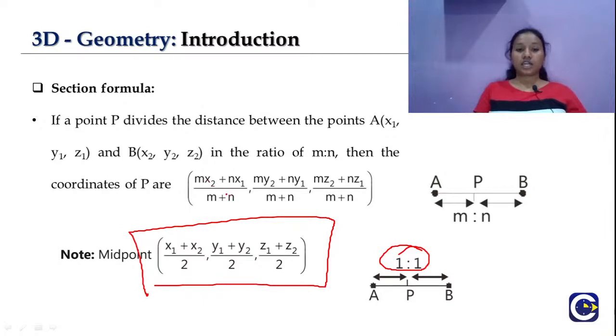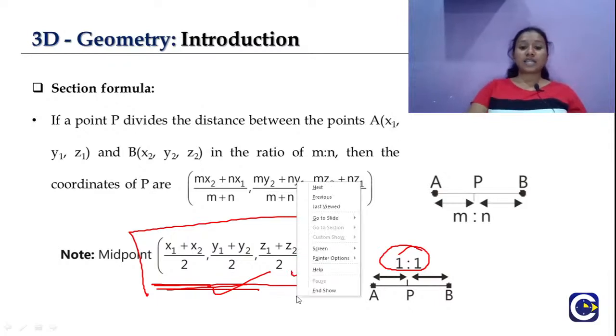Right. So that is the midpoint. The point P, when the ratio is 1 is to 1, is the midpoint, whose coordinates are given here as follows. So x1 plus x2 by 2, y1 plus y2 by 2, z1 plus z2 by 2.